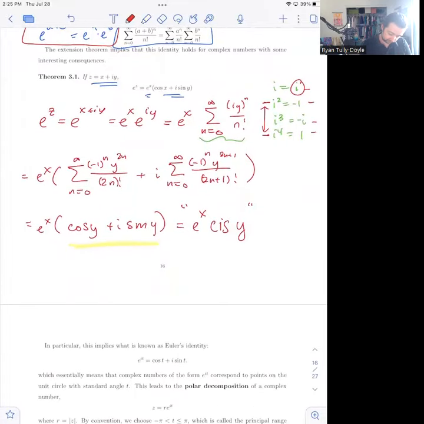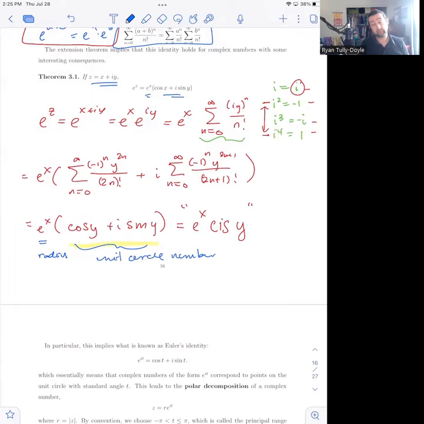So if we drew that really fast, this is essentially saying we can think about this as a radius, and this as a unit circle number. So that's a really, really important observation.